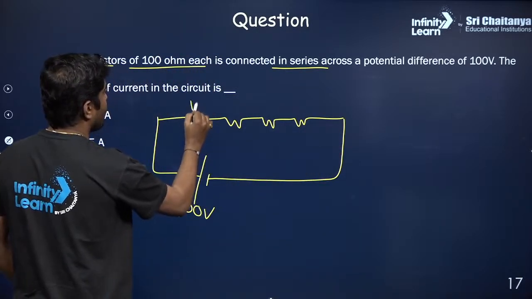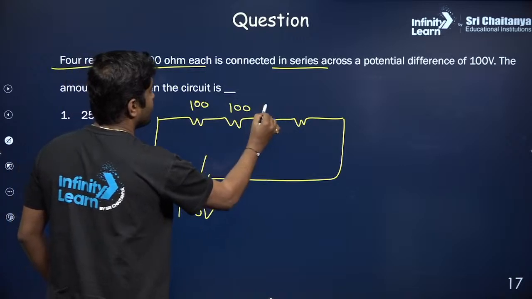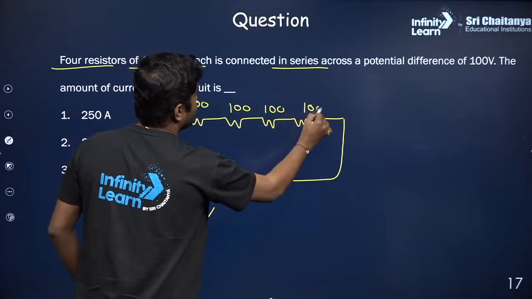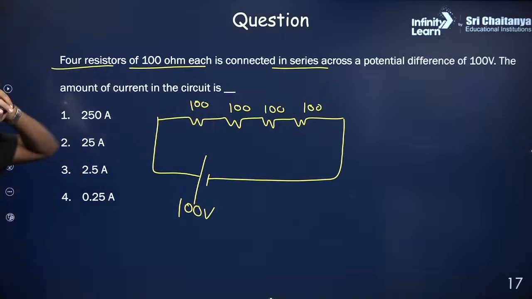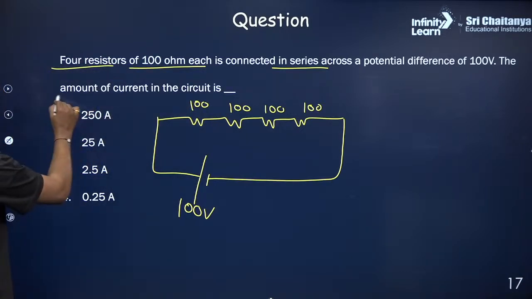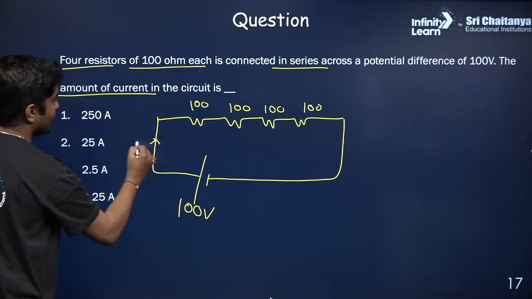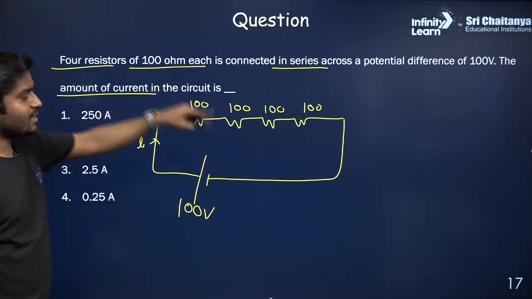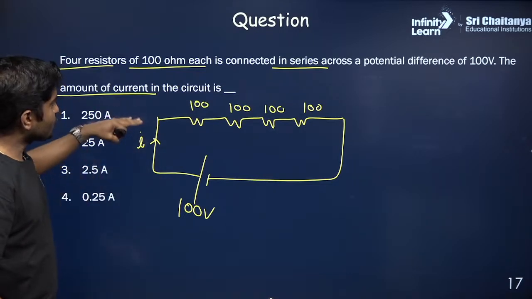These are all 100, 100, 100 and 100. I'll not write the ohm symbol because it would be too clumsy otherwise. So what if we have to find out the amount of current in the circuit? What is the current which is flowing through this circuit?